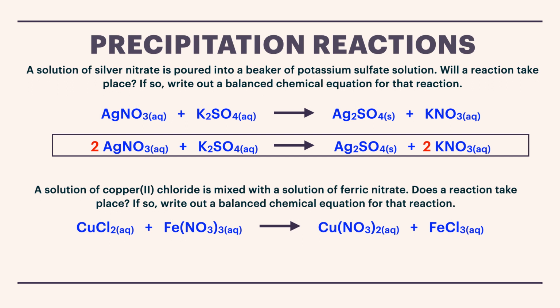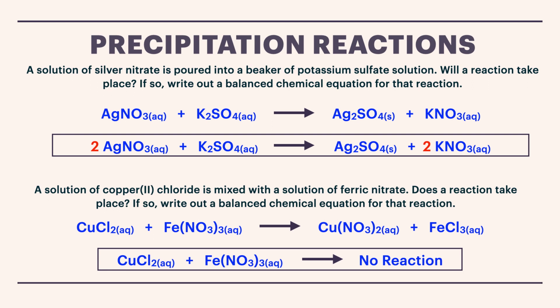In other words, I don't get a precipitate. So I know that in reality, if something is in solution, those ions really are dissociated. I would just have a mixture of these 4 ions and nothing new will have formed. It will not have turned cloudy. So I realized that, in fact, no reaction happened. I simply have a mixture of these 2 ionic solutions.